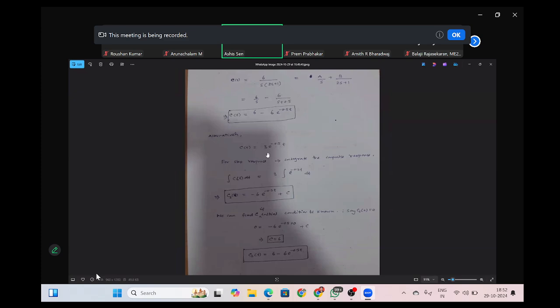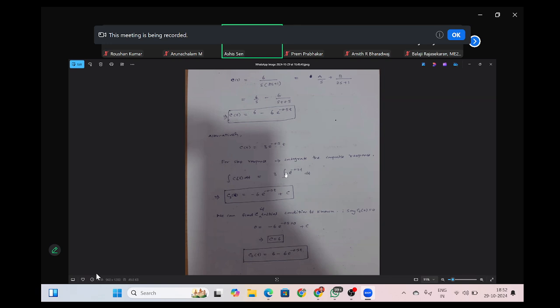Now, how do I get a step response from an impulse response? We had discussed in the class that if you integrate an impulse response, you get a step response. So when you integrate this, you get the corresponding step response.